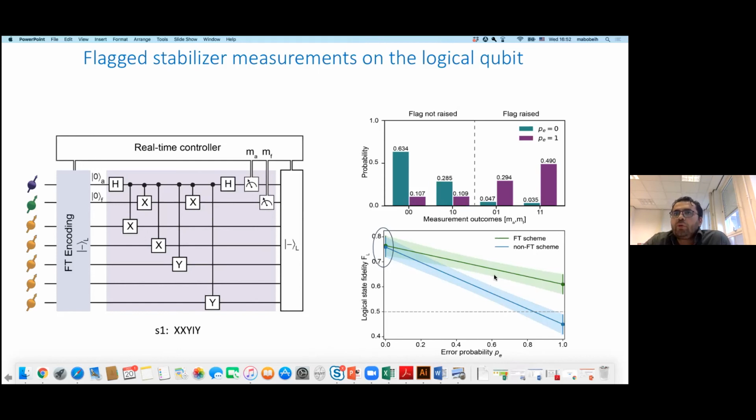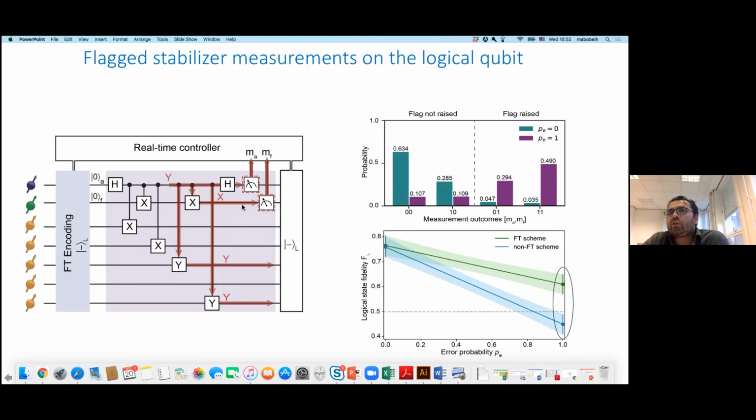When we don't insert any errors on the ancilla, and just use the natural errors on the ancillas, which are naturally also rare in this case, we don't see any big difference between the fault-tolerant and non-fault-tolerant scheme. But if we would on purpose insert, for example, a Y error on the ancilla here, this error would propagate into a logical error, but it would also propagate to the flag, and the flag would catch it.